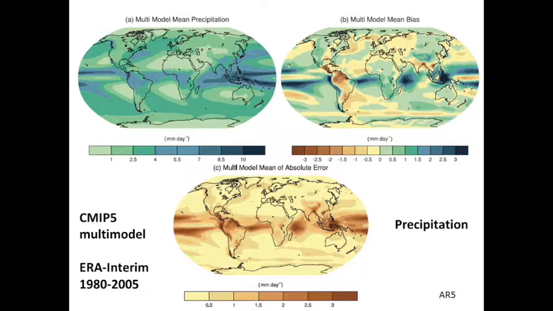That's a very active region for convection and precipitation. But here is the bias. And we see that there are many regions with positive or negative bias. Well, there is more rain in the models than in the observation. And here, the comparison is not with ERA-Interim, sorry.